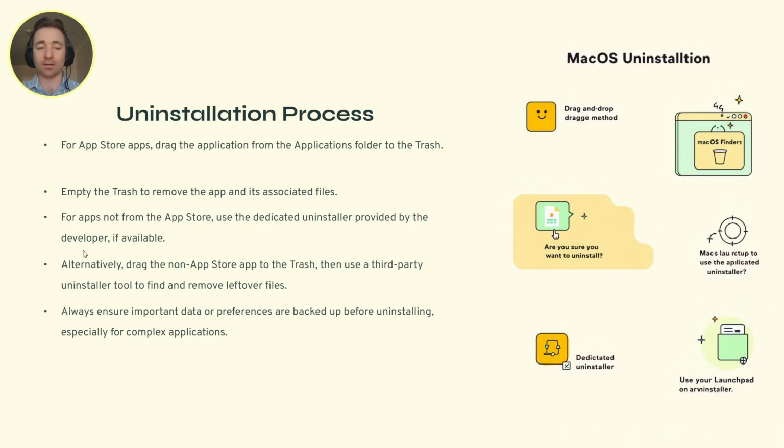If you can't do that or don't want to do that, you can also drag the non-App Store app to the trash and then use a third-party uninstaller tool to find and remove leftover files, because just because you drag it to the trash doesn't mean there aren't leftover files lingering behind. Finally, always ensure that the important data or preferences are backed up before you uninstall, just to make sure you don't lose anything in the process.